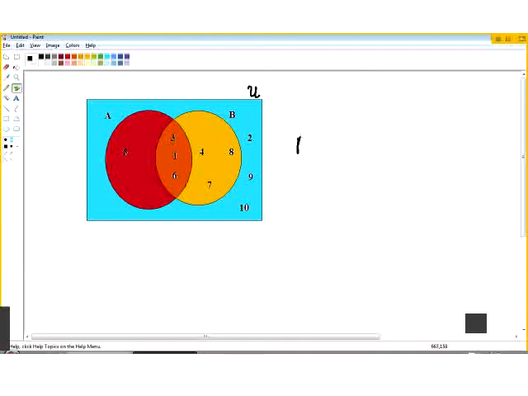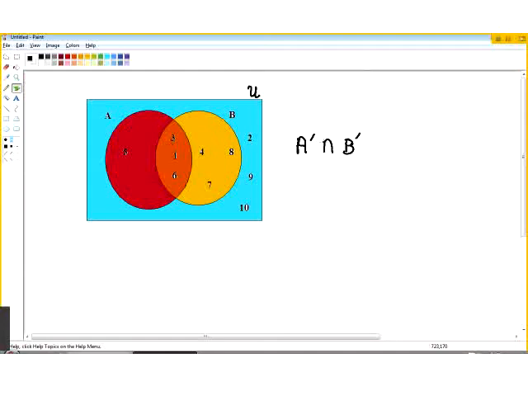If I ask you for A prime intersect B prime, everything outside of A joined together with everything outside of B, right?